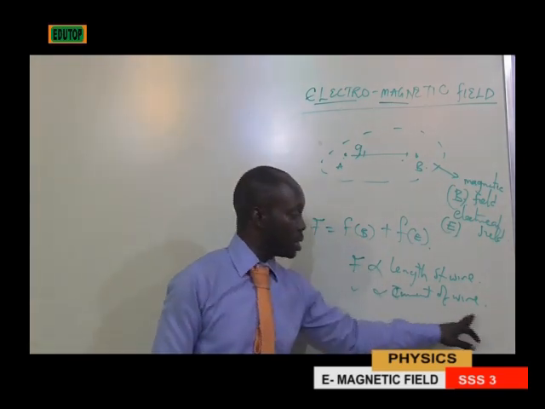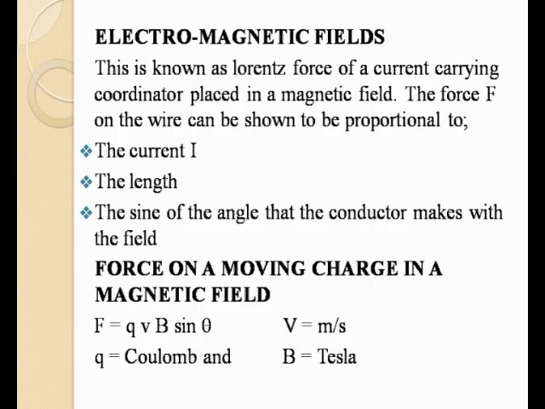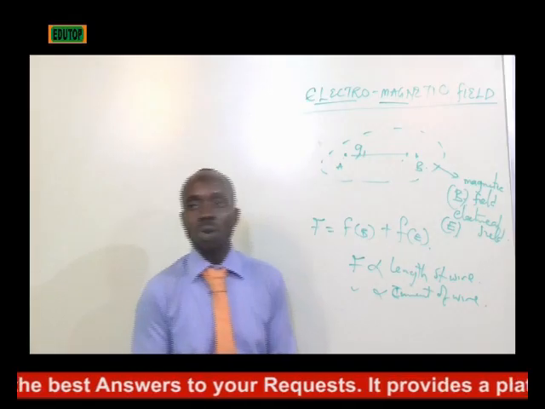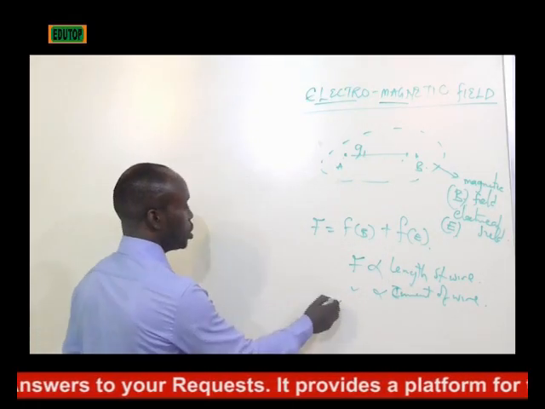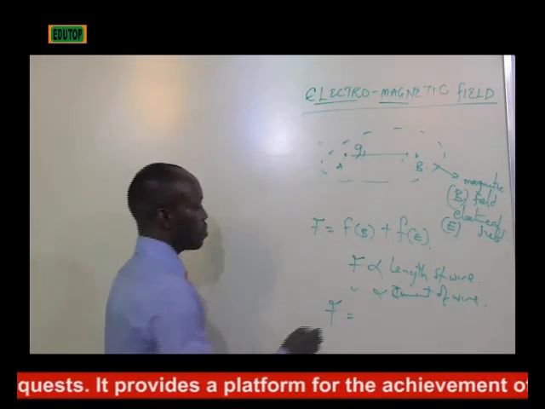The higher the current that flows in your wire, the higher the force that we experience. The third point is the sine of the angle that the conductor makes with the field. So from there, we'll be able to obtain another formula combining both your electric field and your magnetic field. So from here you have your FB.